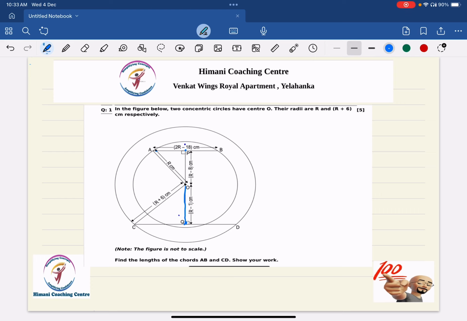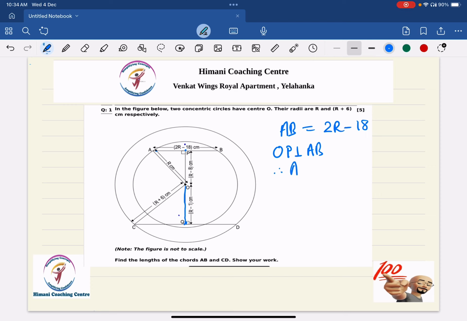Now look at the length of AB, which is given to us as 2r minus 18, and OP is perpendicular to AB. So you have to write the statement that the perpendicular from the center of a circle to a chord bisects the chord.